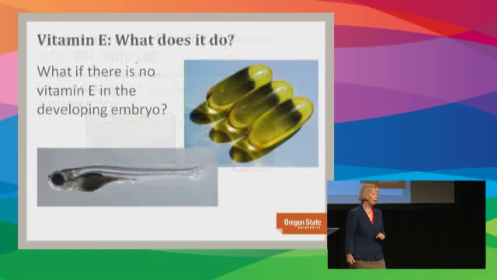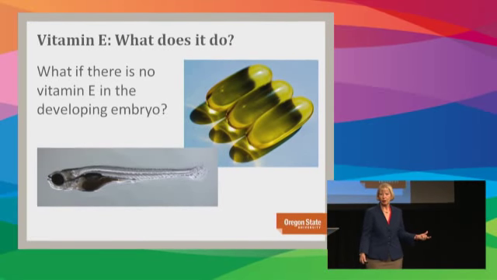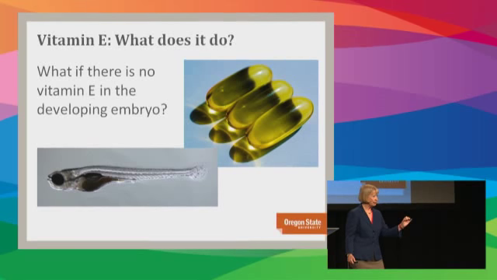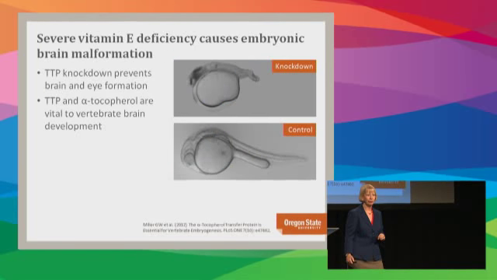So what happens if you knock it down? Then you should have no vitamin E in the zebrafish embryo, even though the egg has lots of it. So the egg yolk has lots of vitamin E, but lacking this protein, it can't transfer from the yolk into the developing animal. And what happens?